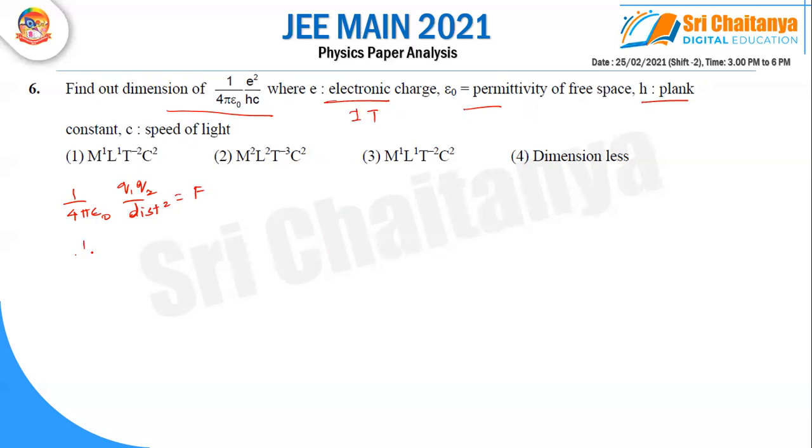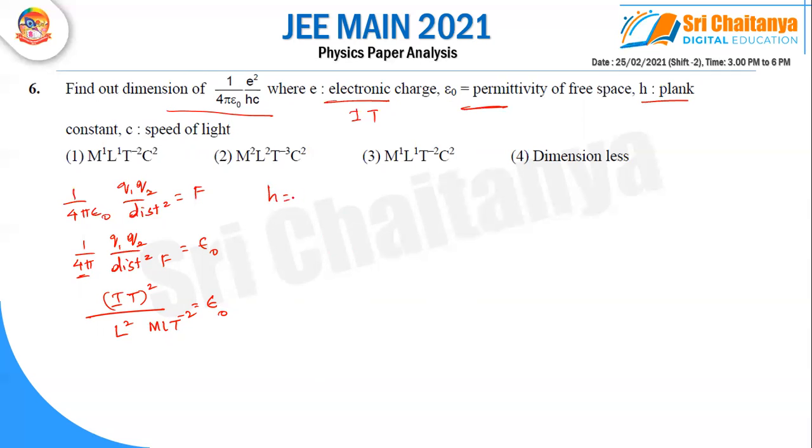So F is equal to Q is IT whole square by epsilon naught, and I don't need to consider 4 pi. Distance is L square, force is MLT minus 2, equal to epsilon naught, what we have.